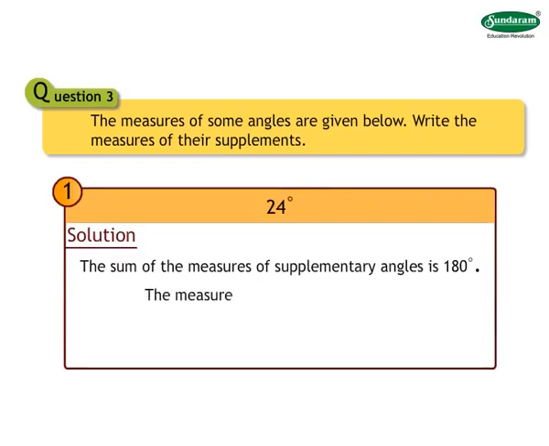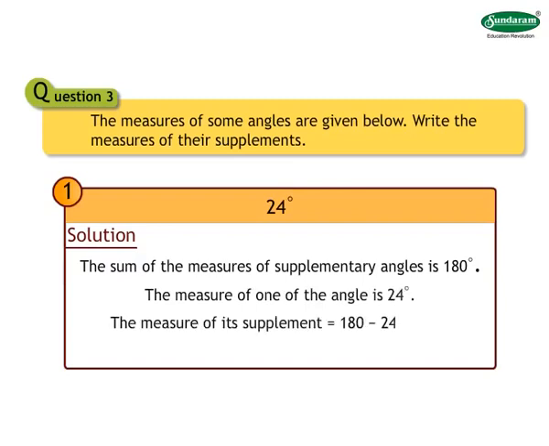The measure of one of the angles is 24 degrees. The measure of its supplement is equal to 180 minus 24, which is equal to 156 degrees. Thus, the measure of its supplementary angle is 156 degrees.